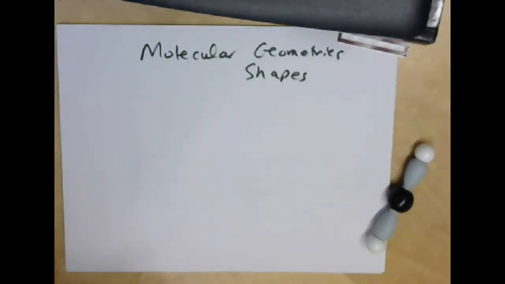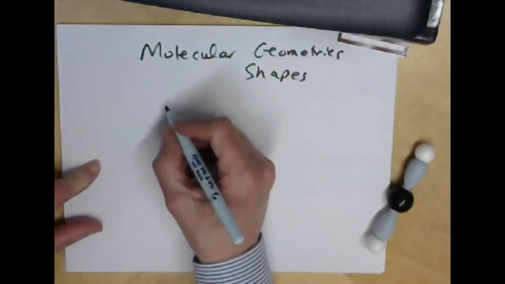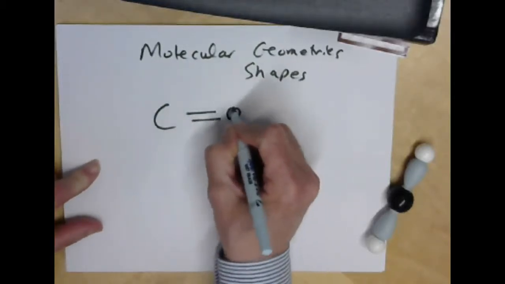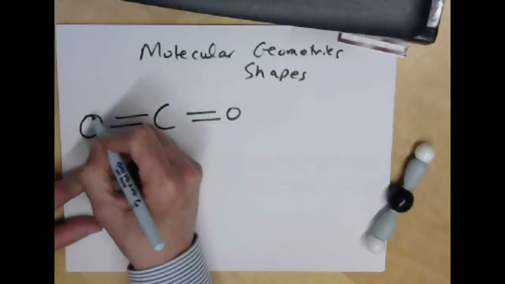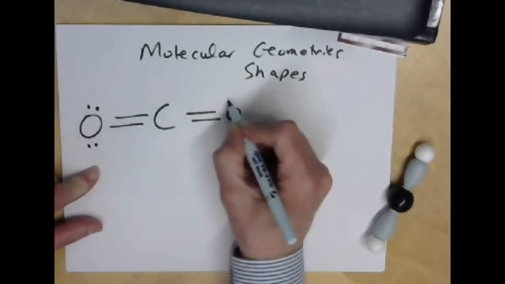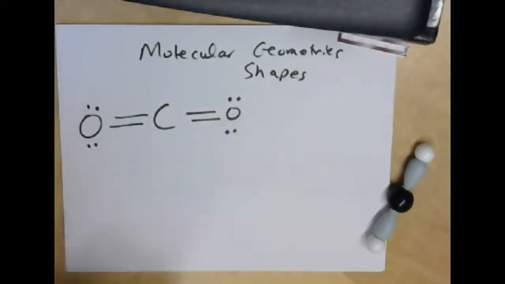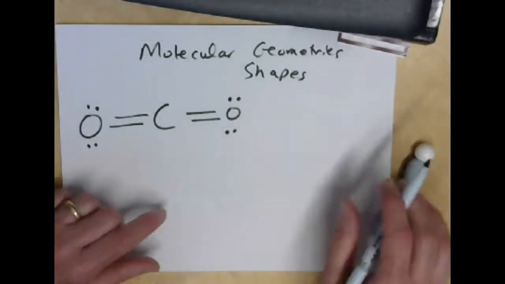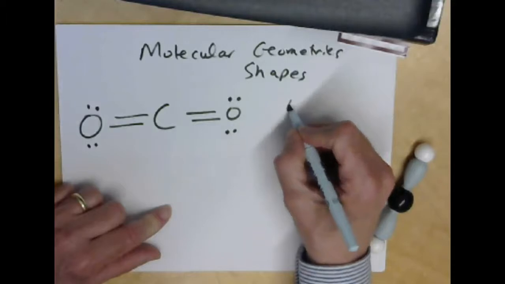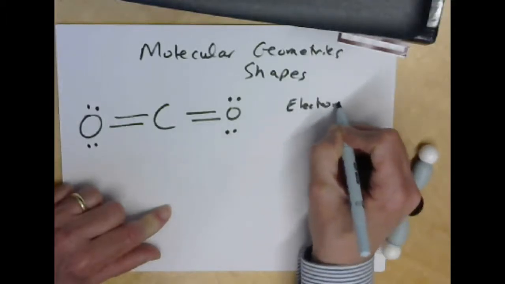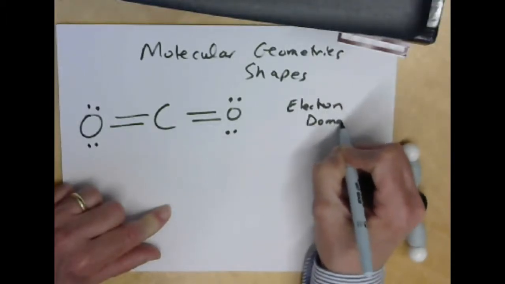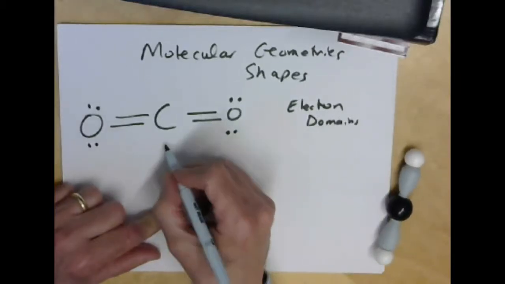And so we're looking at when we have some sort of central atom, like in carbon dioxide. That carbon is the central atom. And we want to look at the electron domains around the central atom.